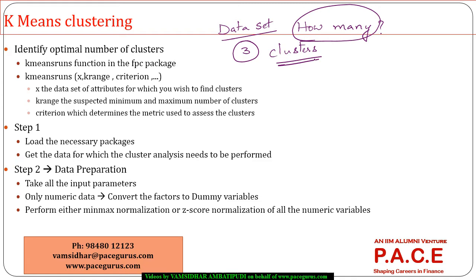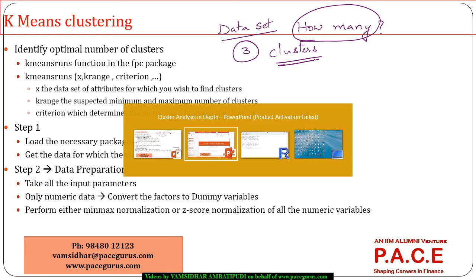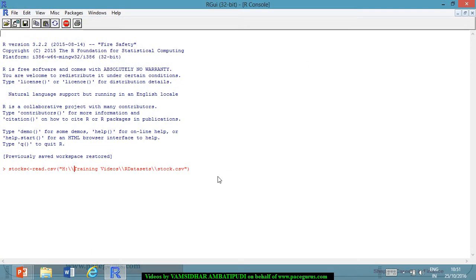Let me first get the data, some basic initial stuff. So I have got the data relating to the stocks. I'll tell you what this data is all about. Let me look at the dim of stocks. So 1713 rows and 6 columns.